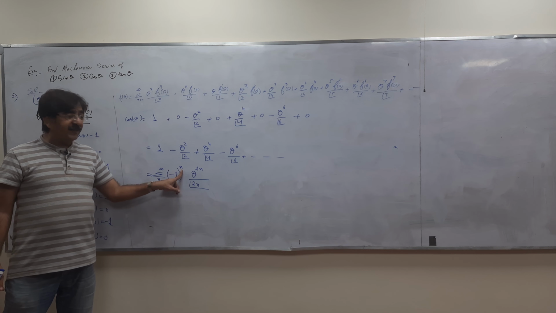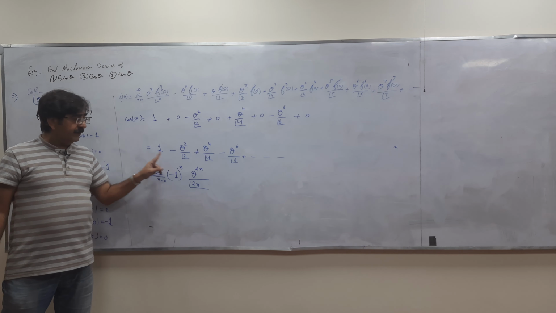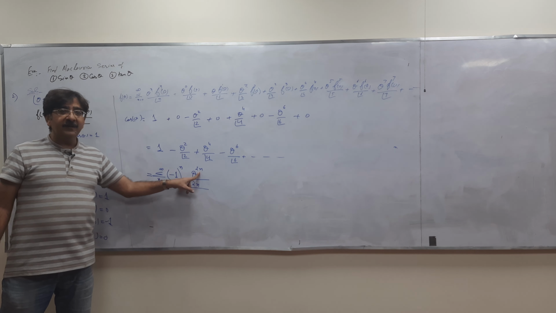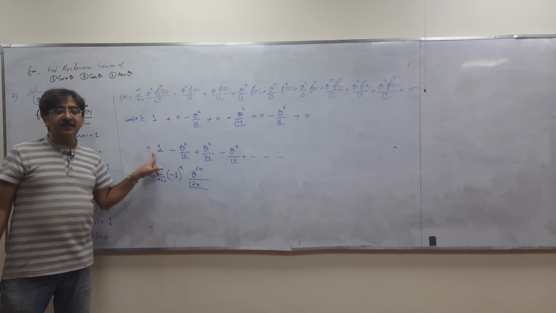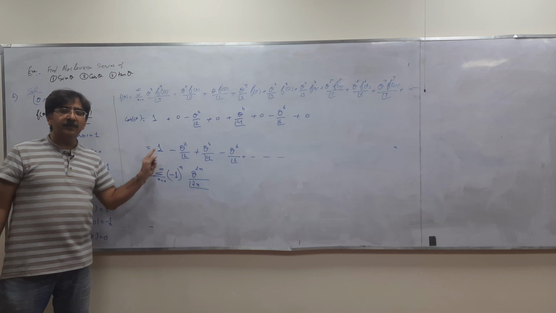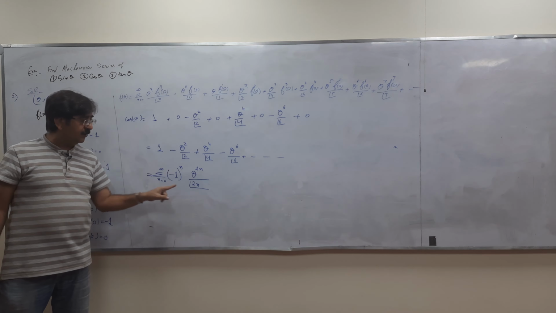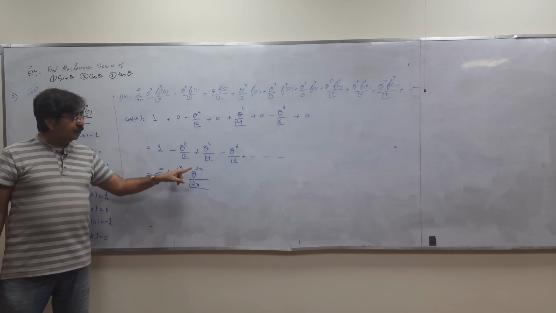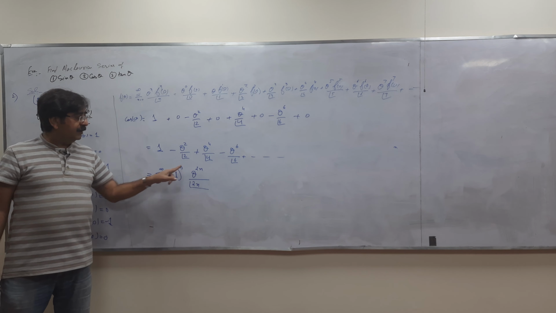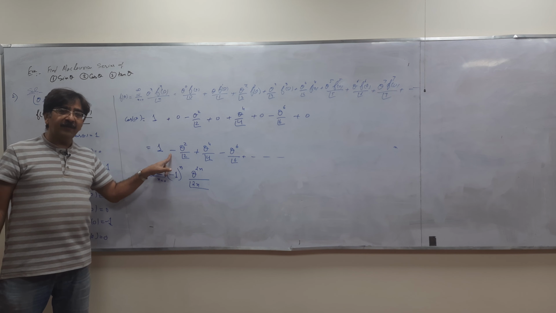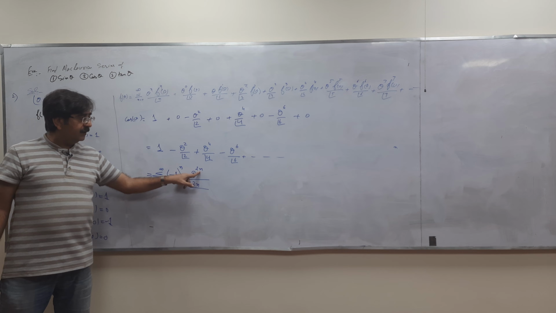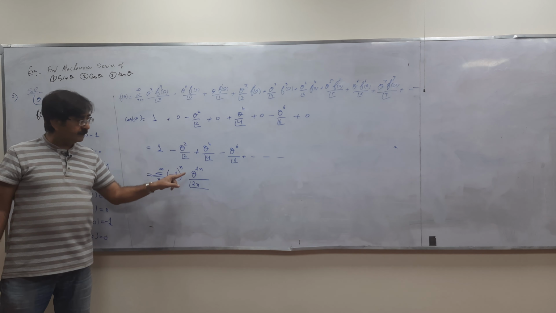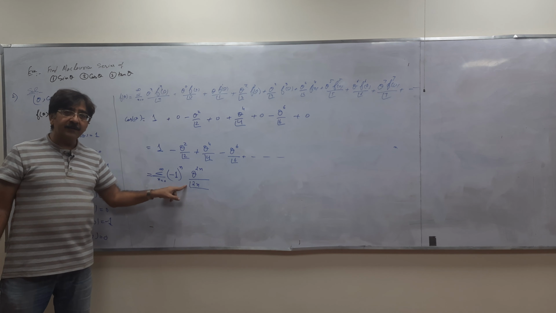If n is 0, minus 1 power 0 will be 1, theta power 0 will also be 1, and the factorial is also 0 factorial, 1. When n is equal to 1, that will be a minus, power is even, 2 factorial is 2.